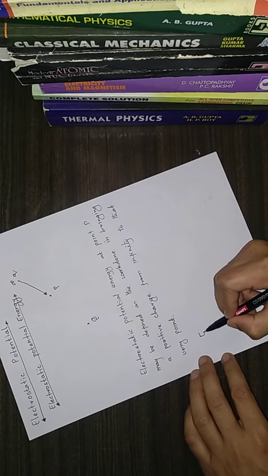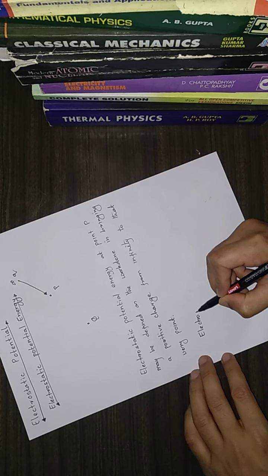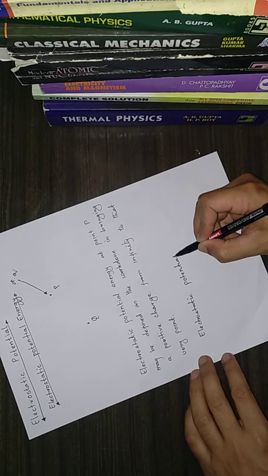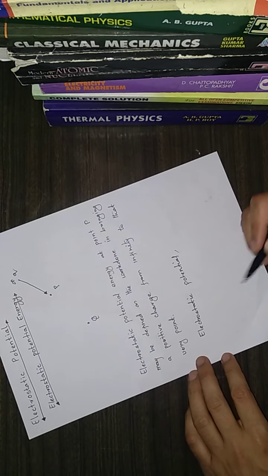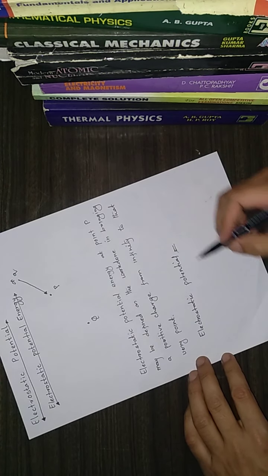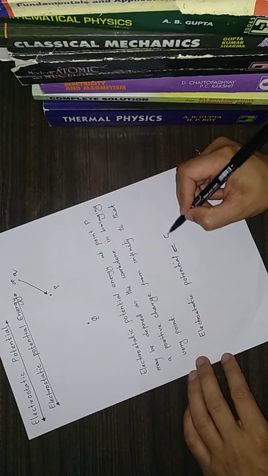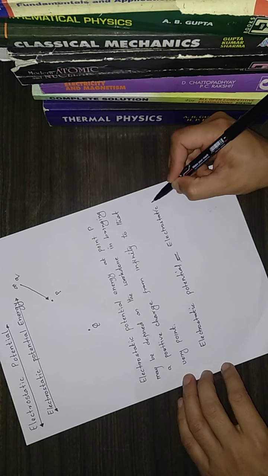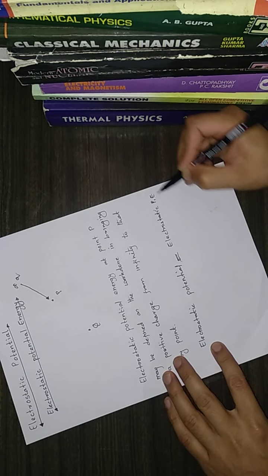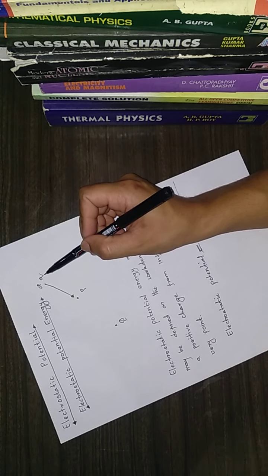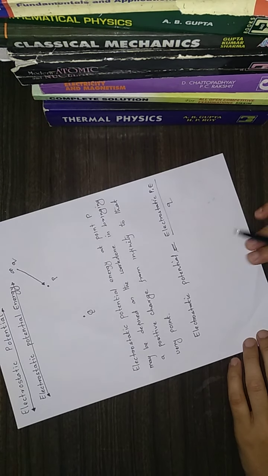Electrostatic potential is basically equal to electrostatic potential energy divided by charge Q. So if I divide this electrostatic potential energy by the value of the charge Q, then I will get electrostatic potential.